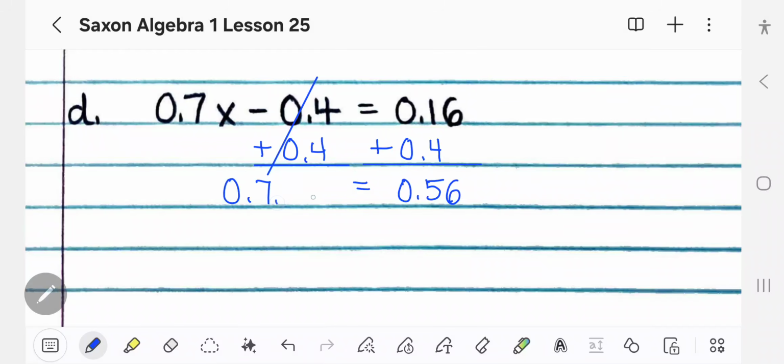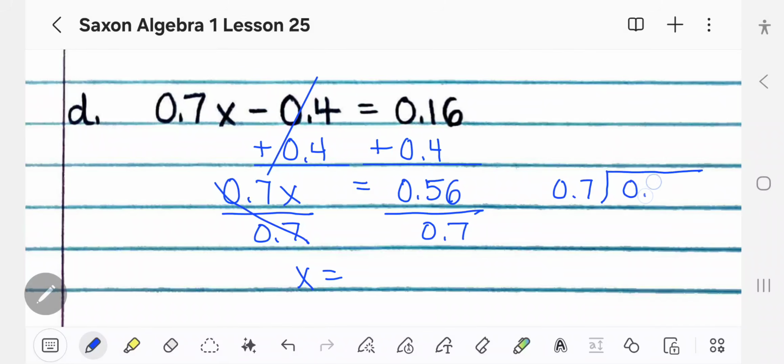And over here, 7/10 x. Now I'm going to divide both sides by 7/10. And I get x is equal to, I'm going to come over here and do this. I'm going to move this once, bring it up. 7 will not go into 5, but it'll go into 56 8 times. So we get 0.8 or 8/10.